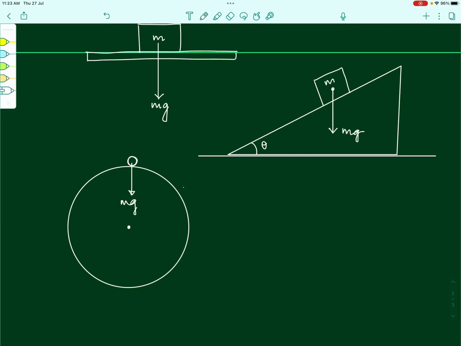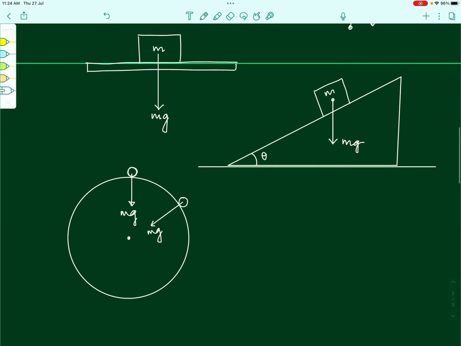Whereas if the same body is taken at some other latitude of the earth, then the same gravitational force will act like this. But generally in this particular chapter, we don't consider such cases because we are dealing with small objects which are kept on the earth's surface, and the earth's surface is considered to be very large in comparison to that body. Okay, so this change in the direction of mg does not come here, at least in this particular chapter.